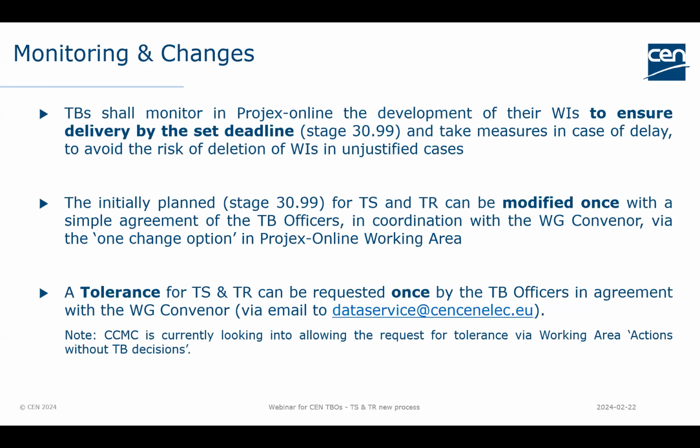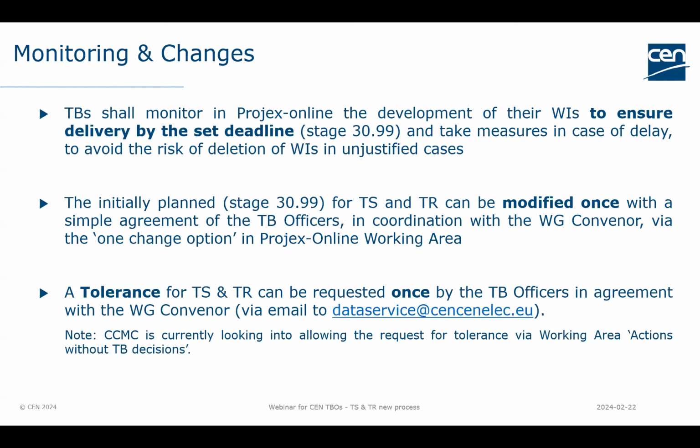And this can be a novelty for you, because tolerance for the ENs requires a TC decision. And this remains. Just as a matter of simplification, for TS and TR, the tolerance can be requested without the TC decision. So this should help also to speed up the process.